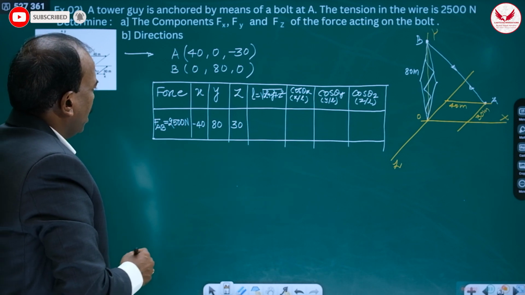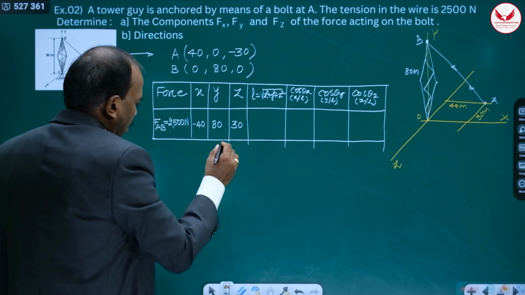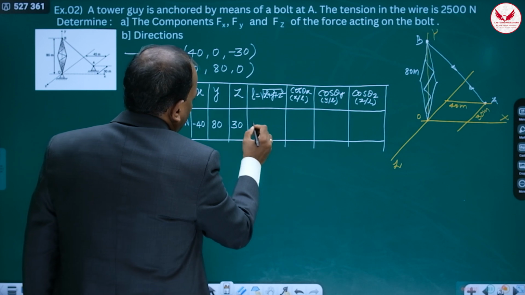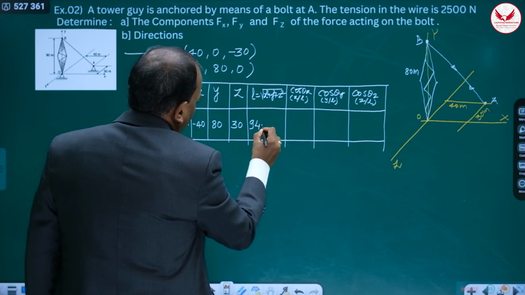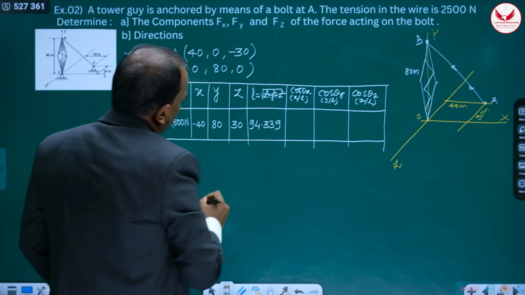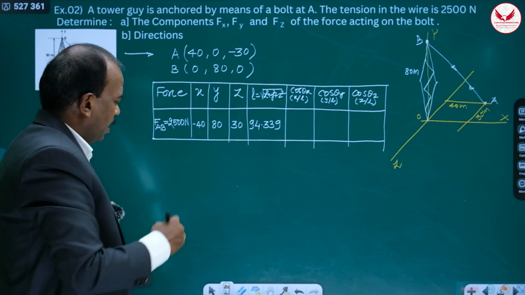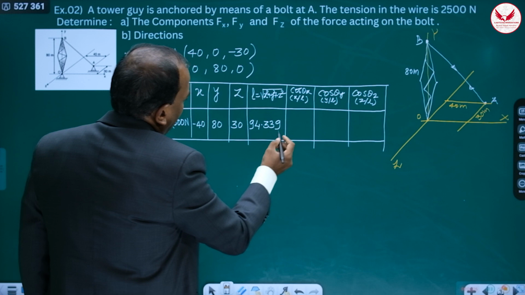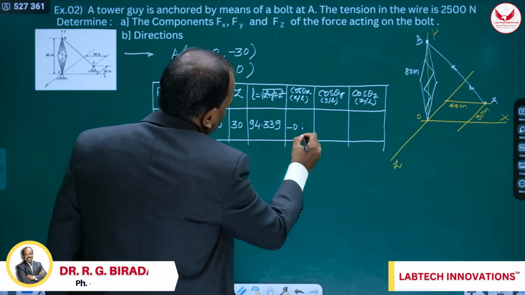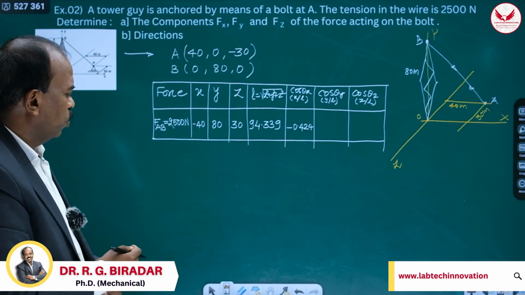And then if we calculate L, under root X square plus Y square plus Z square, it is going to be 94.339. So this is going to be the L value. After that, if we calculate X by L, it is going to be minus 0.424.